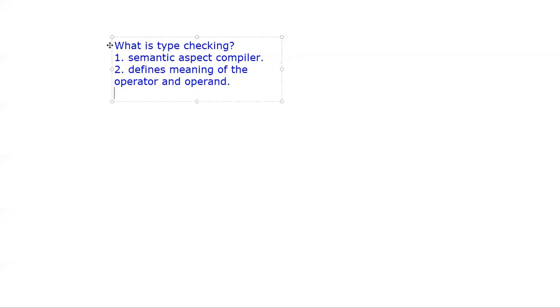That we have already discussed. Plus, if it is applied with character values, what will happen? Plus, if it is applied with a character and an integer value, what will happen? Plus, if it is defined with character values, what will happen? So basically, while designing the semantic analyzer for type checking, we have to define what is the meaning of the operator and what is the meaning of the operand.